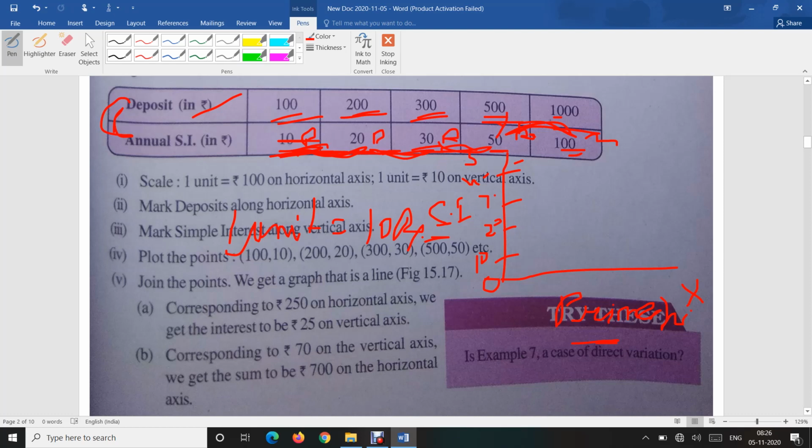Here you will take 100, 200, 300, 400, 500, 600, 700, 800, 900 and 1000. After that you have to join all the coordinates according to the data. I already told you about that, so you have to make the graph yourself.